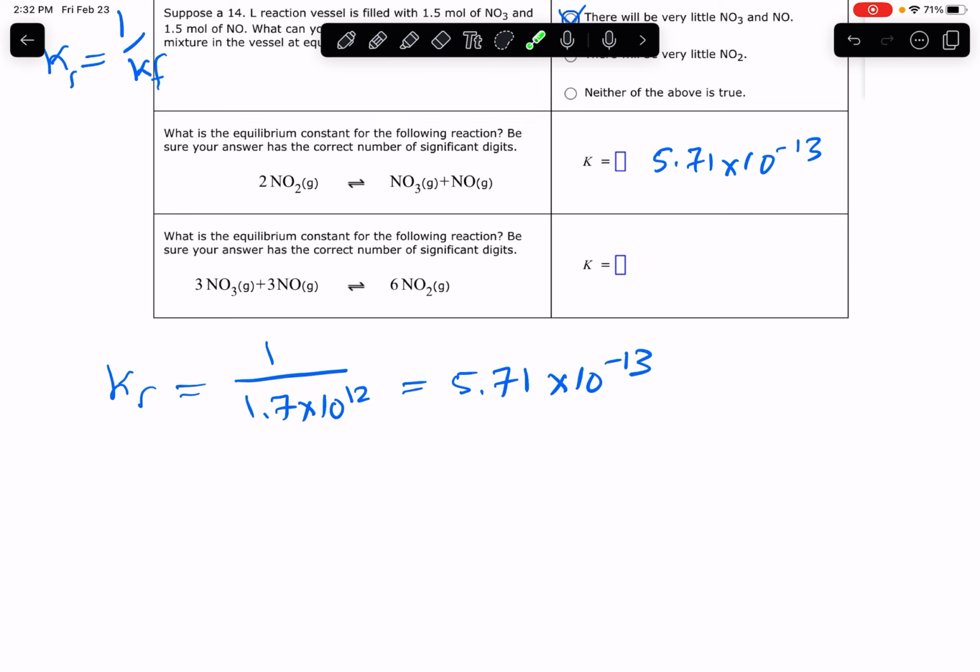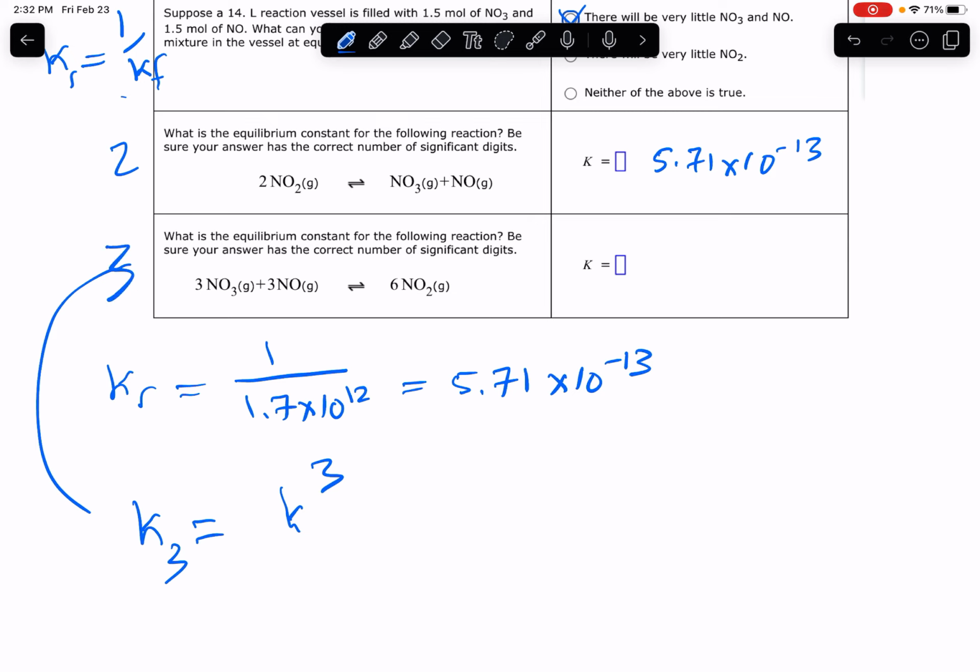So what are we going to get when we do that? Well, let's take a look here. Our new K that we're looking for, and you can call it anything you want, is going to be K original to the third. So let's call this K3, reaction 3, is going to be equal to K to the third.